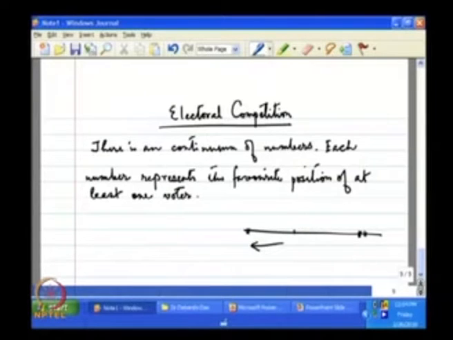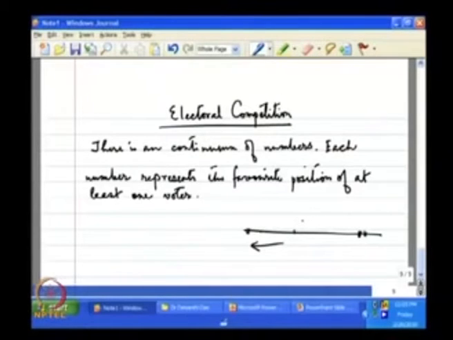So, that can be visualized in that sense. So, it is not so uncommon to visualize a straight line, and each point on the straight line is representing the political proclivities of a particular voter. So, every point is representing the favorite position of a voter.